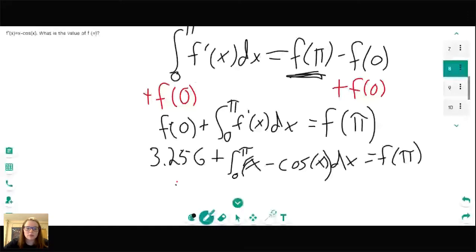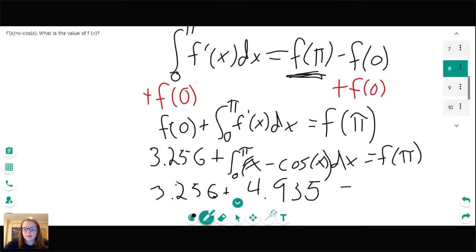What was the integral itself from 0 to pi of x minus cosine x? 3.256 plus, is there anyone who does not know how to use the integral feature in their calculator? Okay, good. So we've got 4.935. Good. That's what we've got, 4.935. And we end up with approximately 8.191. That's our final answer here. Okay, any questions on this one?